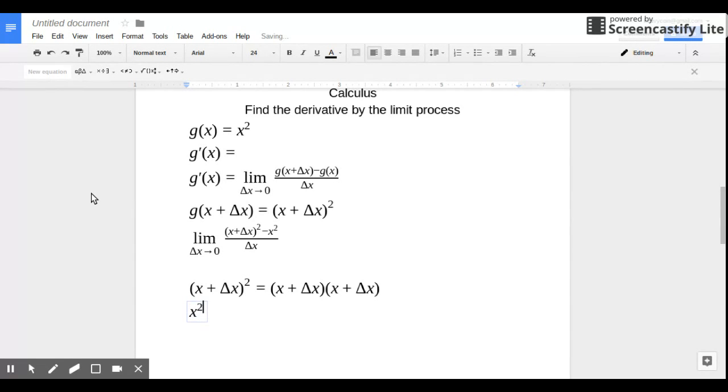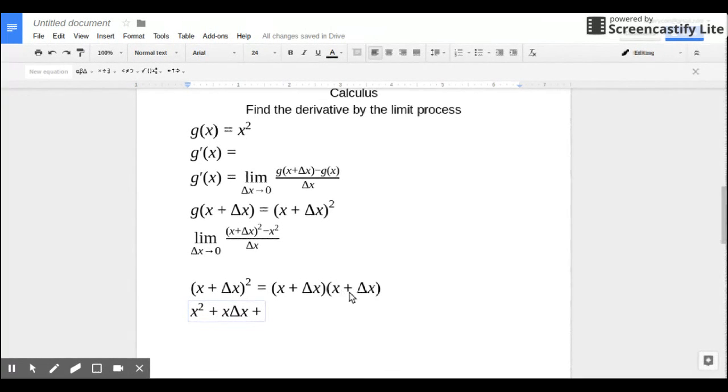All right, so x times x is x squared, and then we have x times delta x. Copy that delta x. So that's going to be plus x times delta x, plus then you have delta x times x.